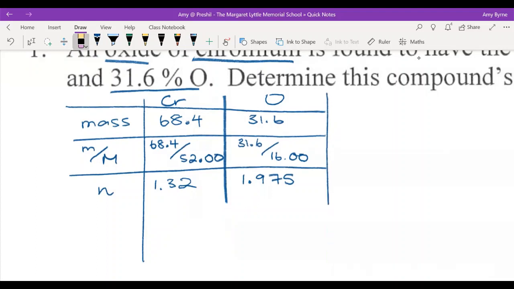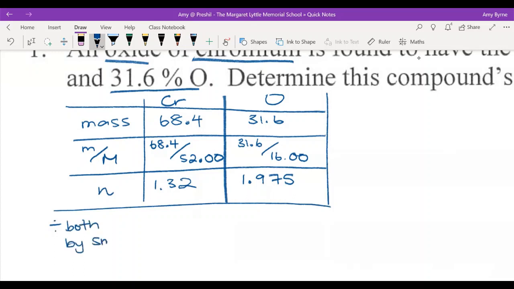What I'm going to do now is divide both by the smaller number. That is obviously going to be my chromium number. So 1.32 divided by 1.32 gives me 1. And then 1.975 divided by 1.32 gives me 1.50.